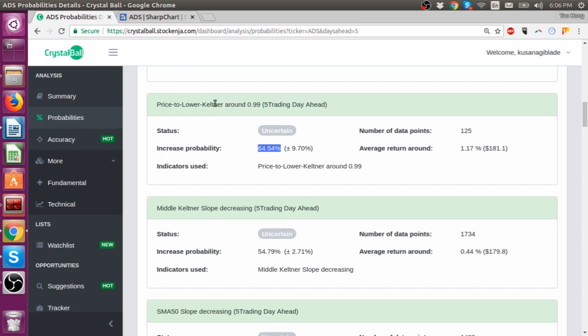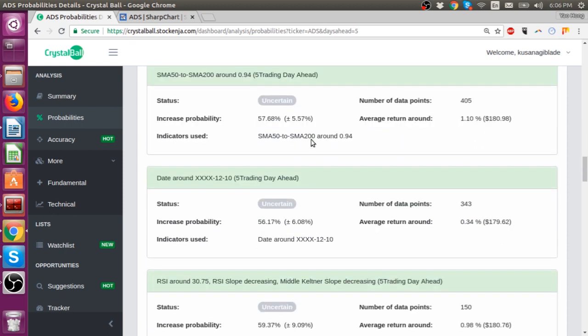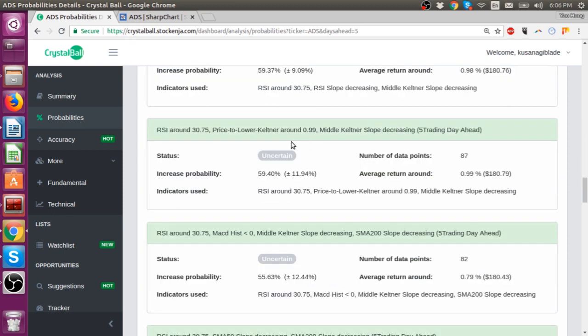So let's see what the combined probability is when we use the RSI, the lower Keltner channel, and the downwards middle Keltner trend. So here you have the RSI, the lower Keltner channel, and the middle Keltner slope decreasing. The probability shown here is around 59.4%, which is actually lower than the lower Keltner channel probability, right?